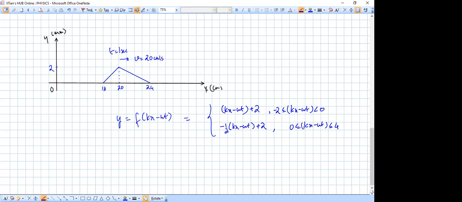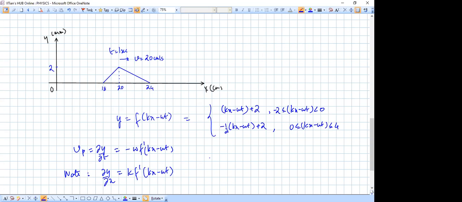Okay, like this. So particle velocity is del y by del t, which from the above equation you can see is minus omega f prime of (kx minus omega t). But rather than calculate all this, we can use a trick that del y by del x is k times f prime of (kx minus omega t).